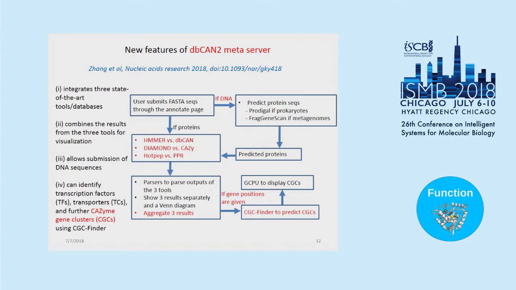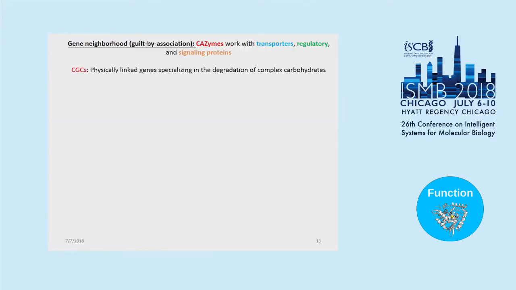Now we allow you to submit a draft DNA genome or metagenome. For that, we first predict protein-coding genes, and then do the CAZyme annotation. The last new feature is that we are now able to predict what we call CAZyme gene clusters, or CGCs. We have a Python program called CGC-Finder for that, which I will talk about now.